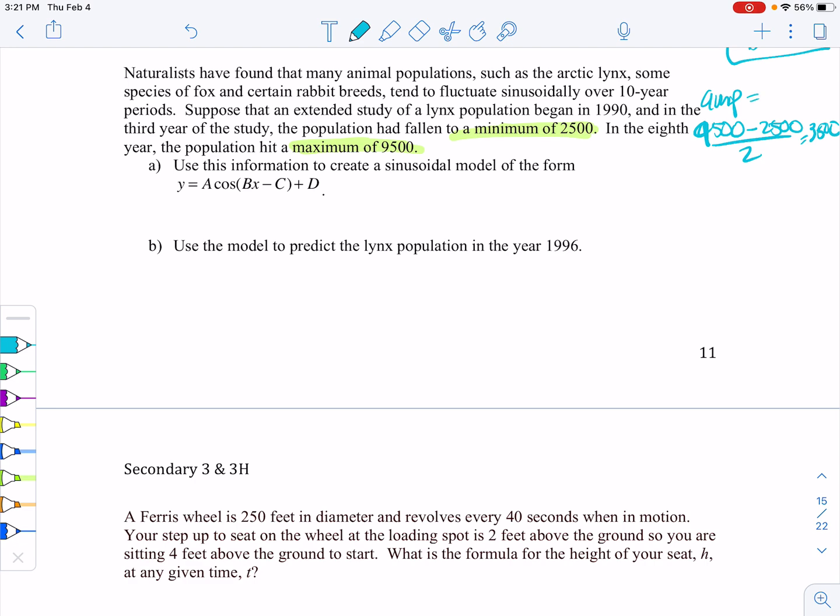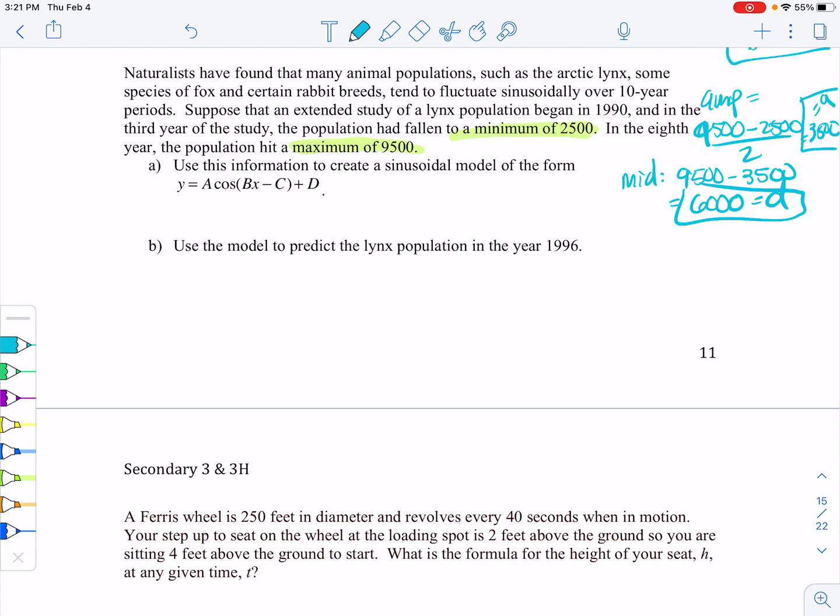So our midline is going to be the max minus the amplitude or the min plus the amplitude. So I think I did min plus amp, so we'll do 9,500 minus 3,500. That leaves us with 6,000. So our D value is 6,000, and our A value is the 3,500.